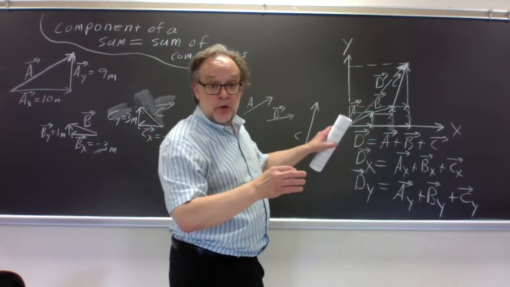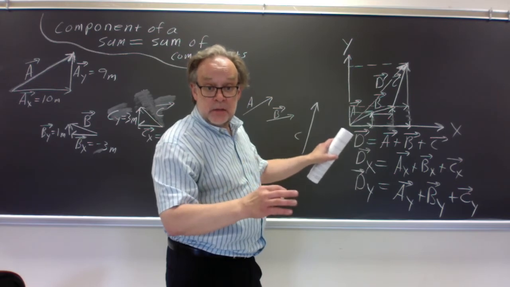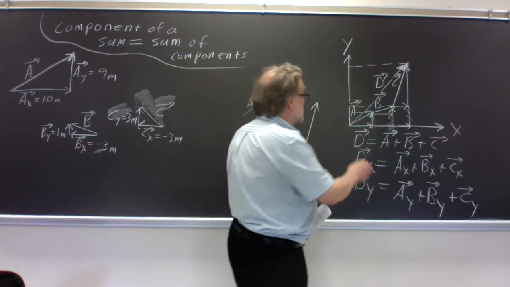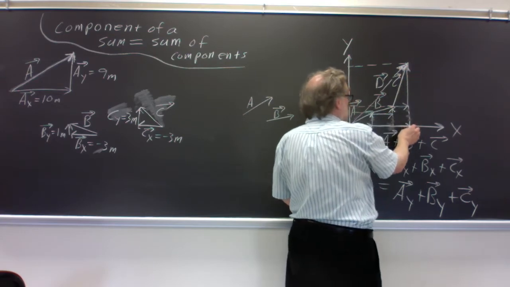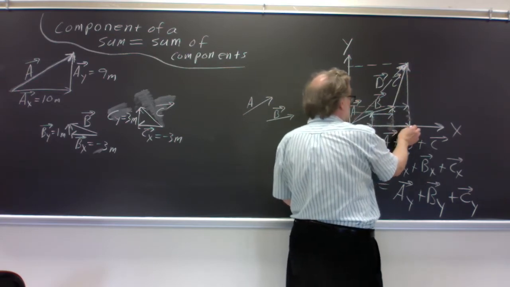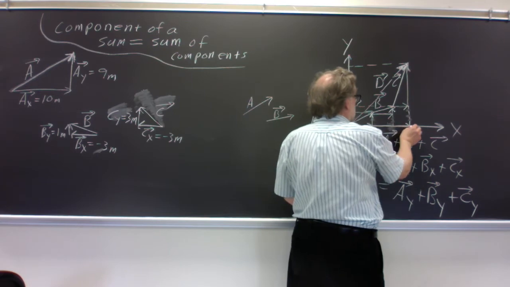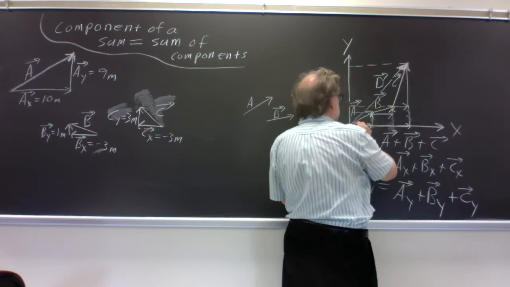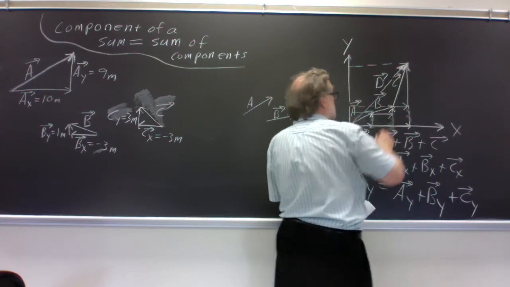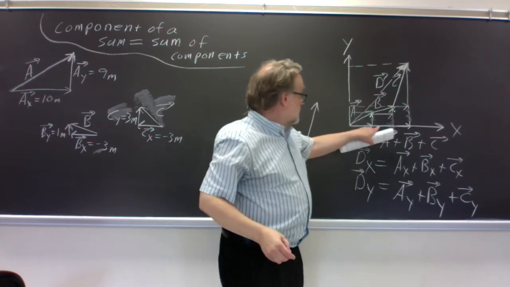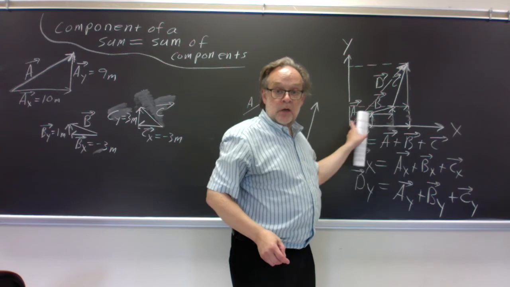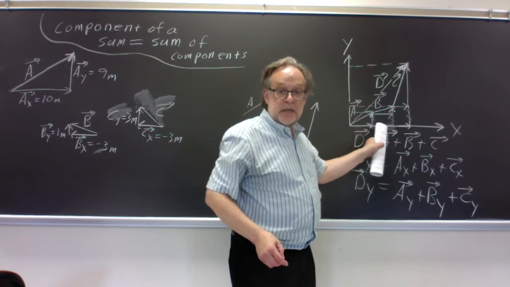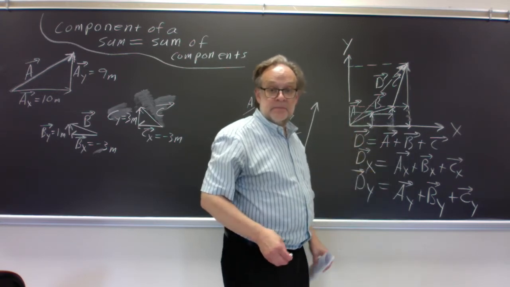Imagine the triangle that represents D, the net displacement, and its components. Here's D, the hypotenuse of that triangle, and here's the y component, and here's the x component. X component of D, y component of D, D. So this is the x component of D, but it's simply the sum of AX plus BX plus CX.